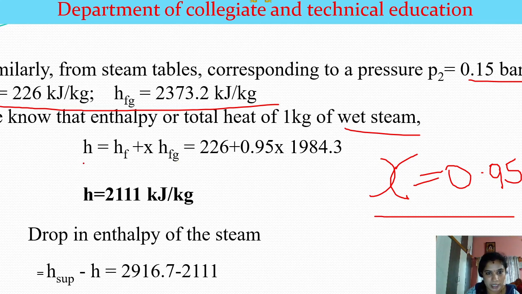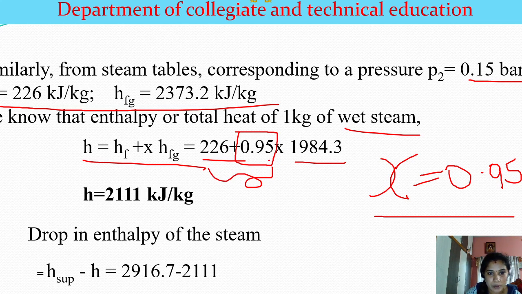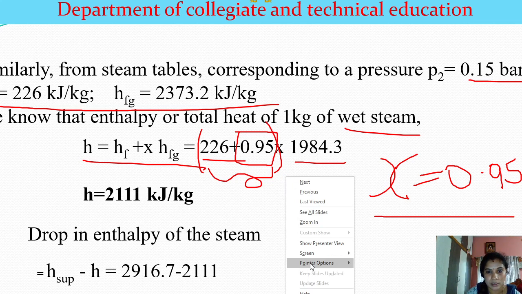So since it's a wet steam, I'll substitute h equals hf plus x into hfg. These two values I got from the steam table for pressure 0.15 bar. This is the value of x they have given in the problem. First you multiply these two values.